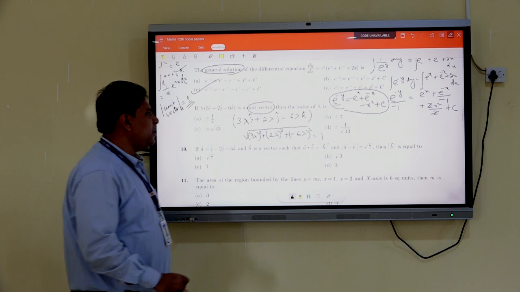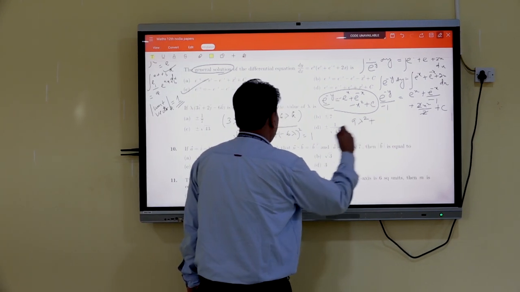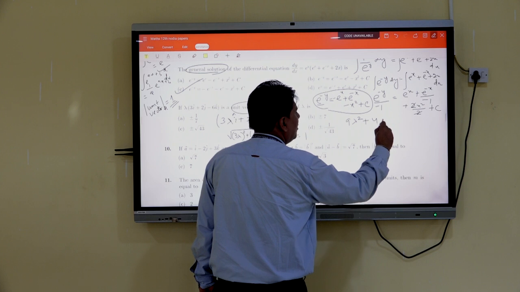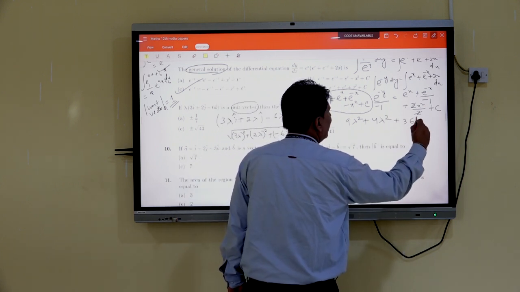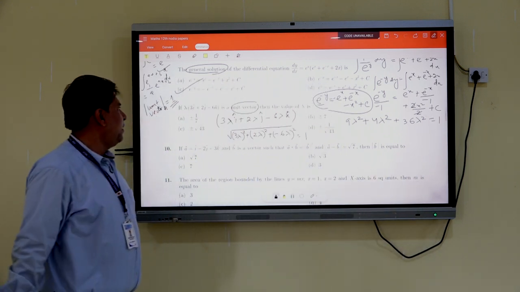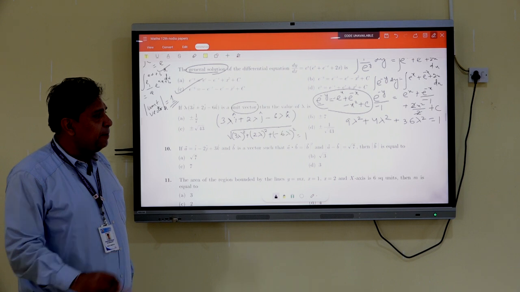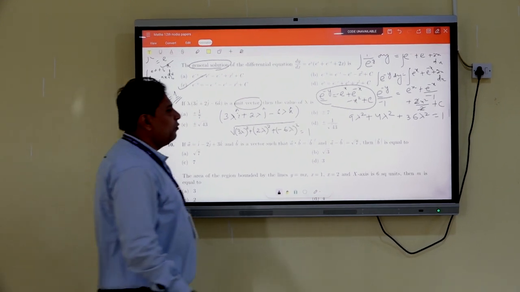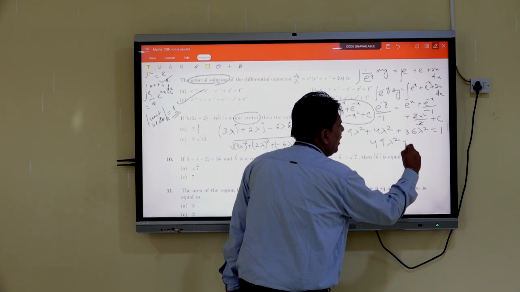So 3 lambda square is 9 lambda square, this is 4 lambda square, and this is 36 lambda square, and this should be equal to 1. So 9 plus 4 is 13, 13 plus 36 is 49. So 49 lambda square equal to 1.